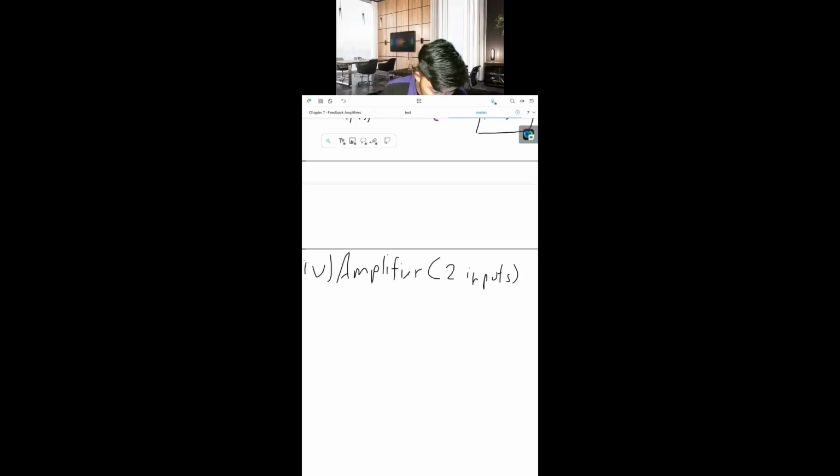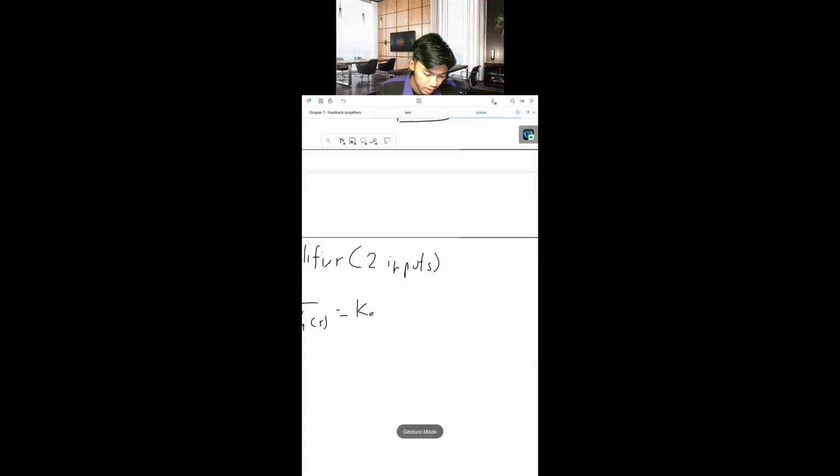So our function is V_in(s) minus V_T(s), because the tachometer is connected to the positive, so we subtract the tachometer, is equal to K_A(s) for the amplifier in the s domain. So we draw the block diagram.